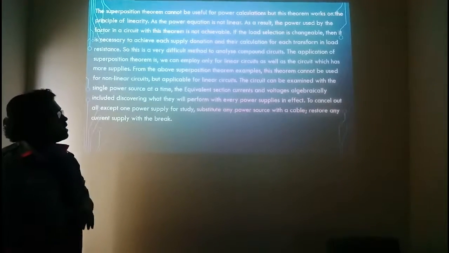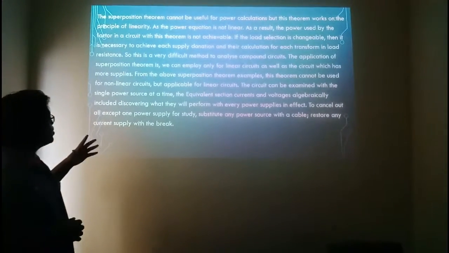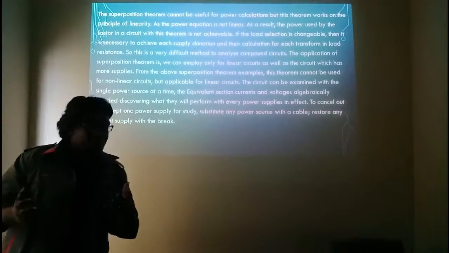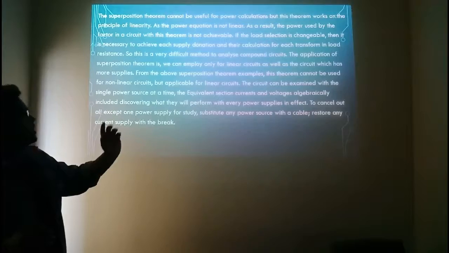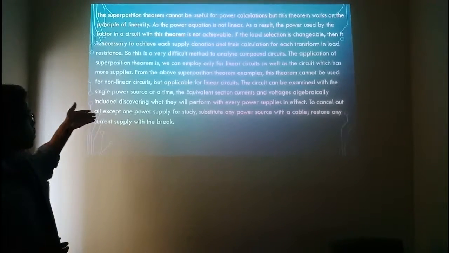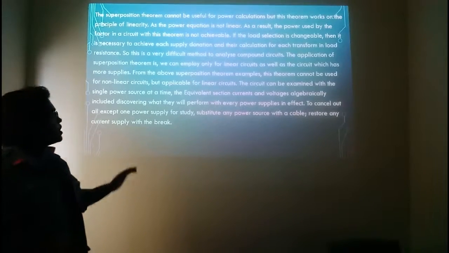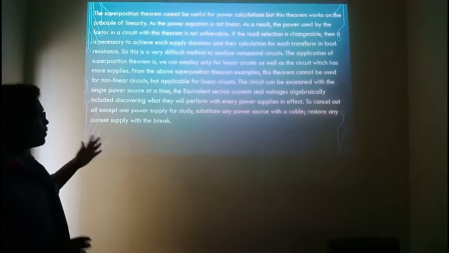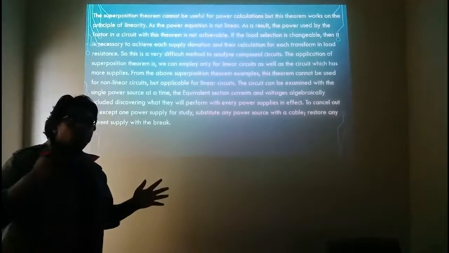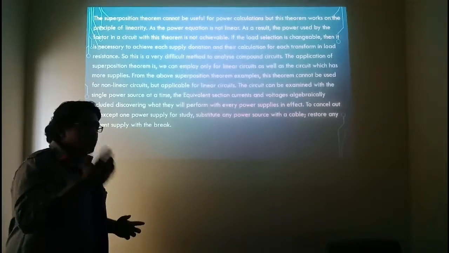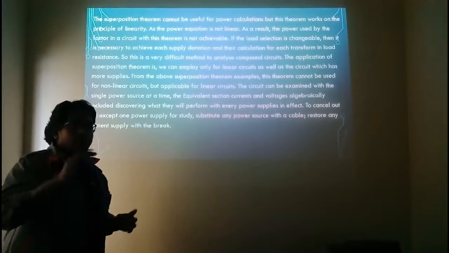The equivalent section current and voltage are found by determining what they will be with every power supply in effect. To cancel out all except one power supply for study, substitute any voltage source with a wire, and replace any current source with a break. We can find the voltage or current by short or open circuiting each of the independent sources.